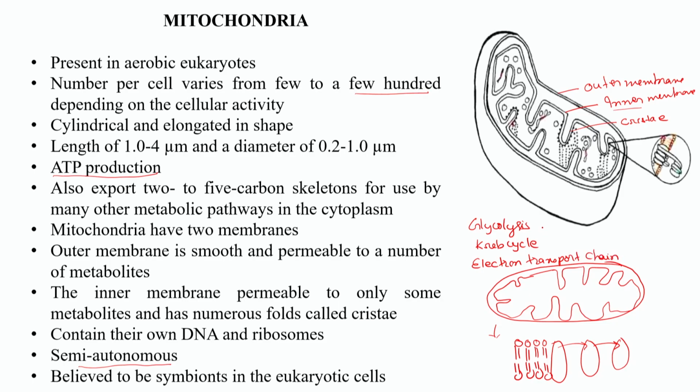So glycolysis takes place in cytosol and Krebs cycle takes place in the matrix of this mitochondria, and electron transport chain takes place in the inner mitochondrial membrane, and all these processes together will help in complete breakdown of a molecule to release energy which is stored in these molecules.